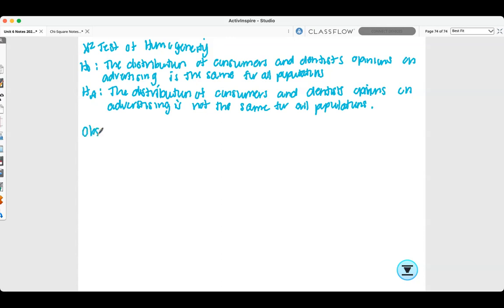And observed cell counts are independent of each other, and a random sample with counts greater than or equal to 2.